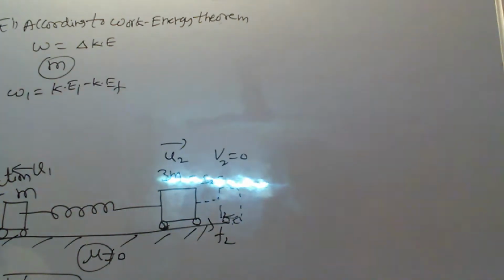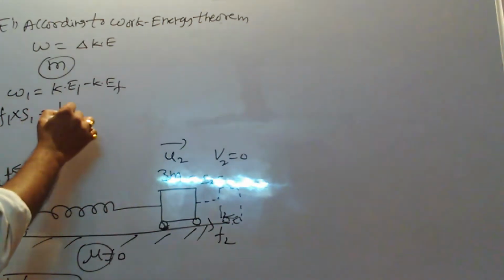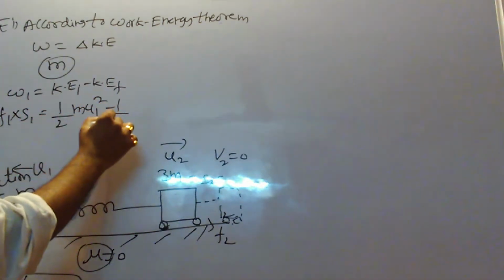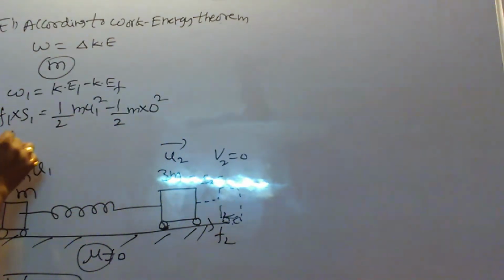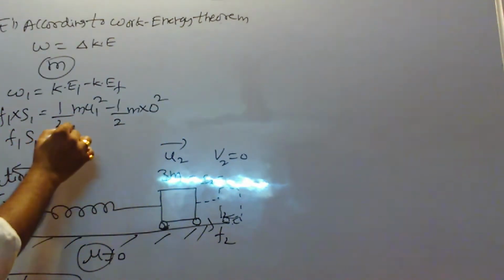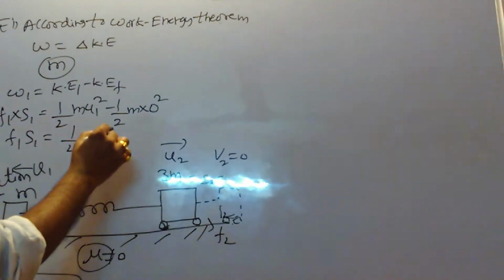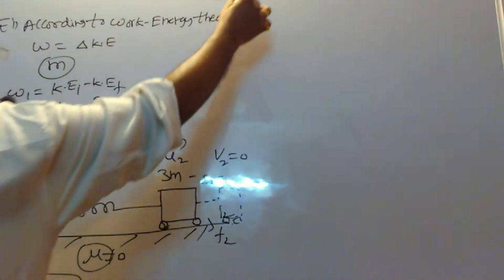Here the frictional force created is F1, into S1. That equals half m u1 square minus half m into 0 square, since the final velocity is 0. So finally F1 S1 equals half m u1 square. This is my first equation.